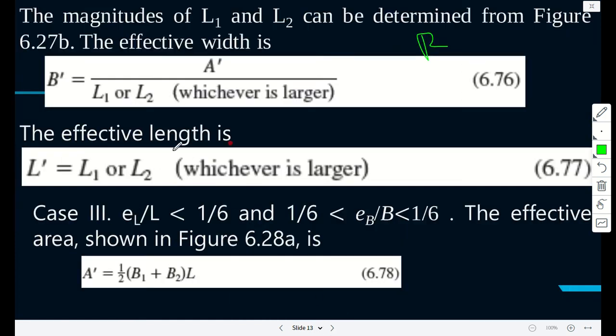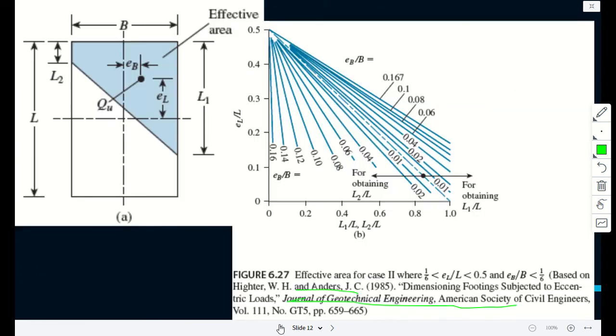The effective length is either L1 or L2, whichever is larger of the two. Remember the first condition, where the effective length was there. Here we have kind of a trapezium, so the area is easy to find.